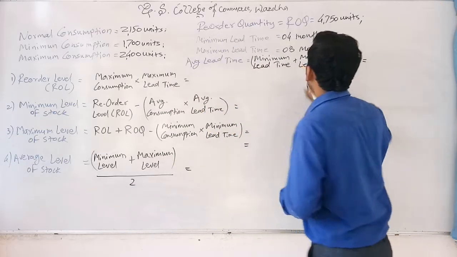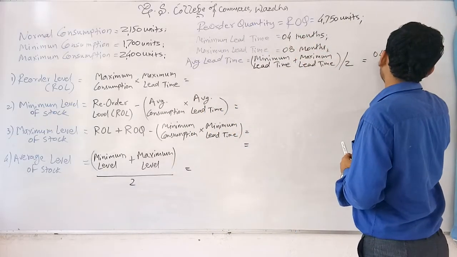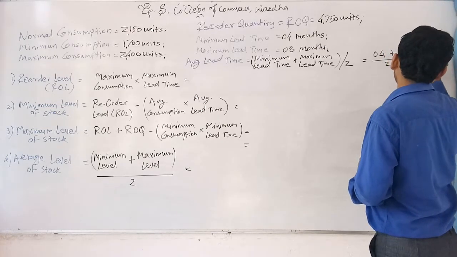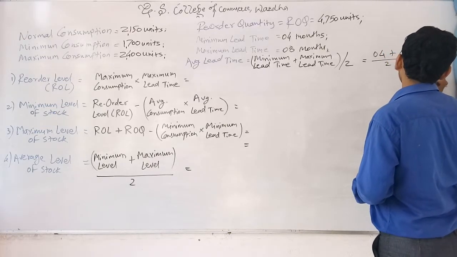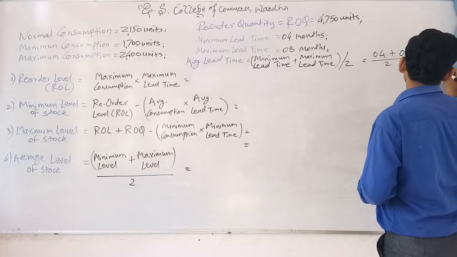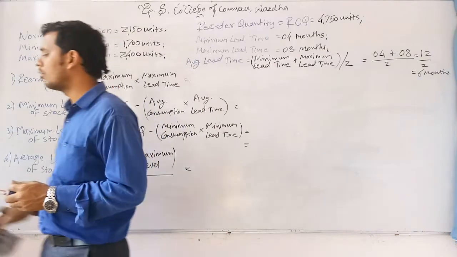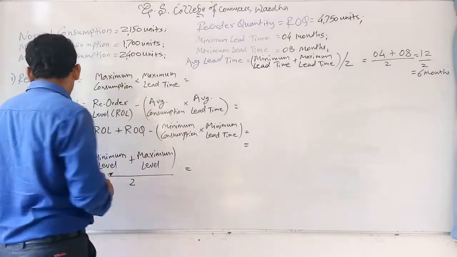Here minimum lead time is 4 months plus maximum lead time is 8 months. 8 plus 4 divided by 2. Hence our average lead time is 6 months.